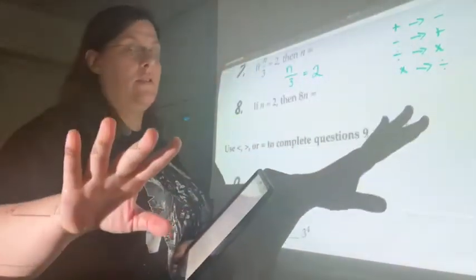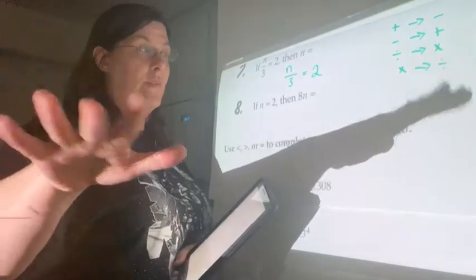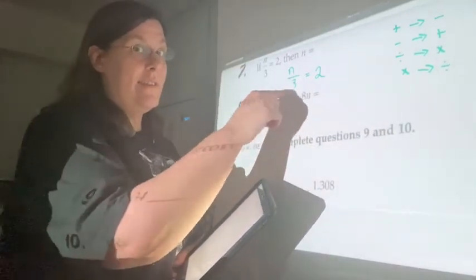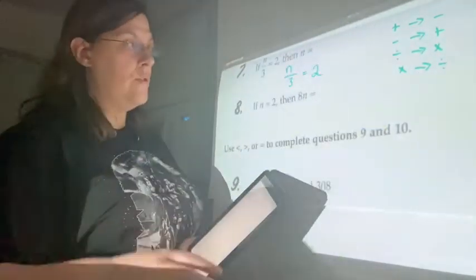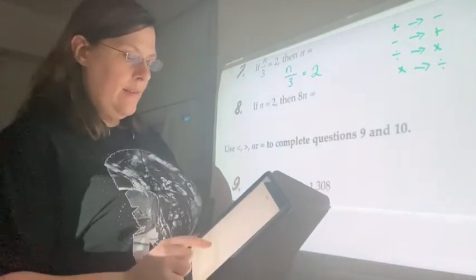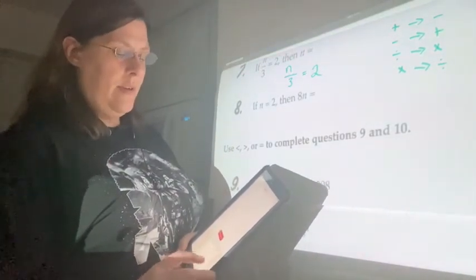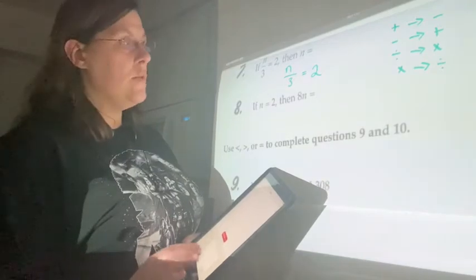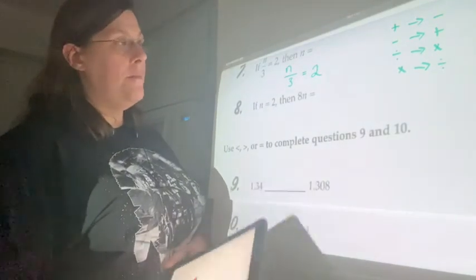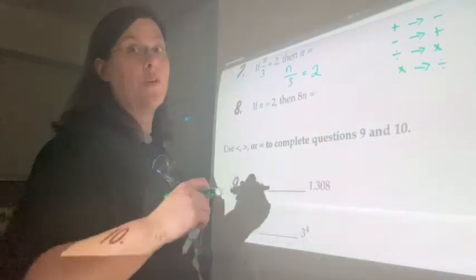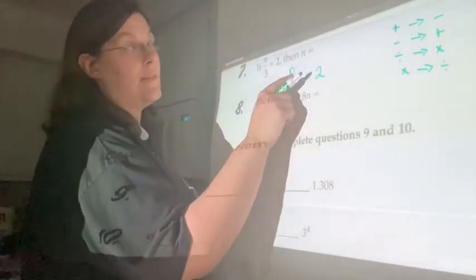In case your teacher, if you don't have me, never told you that before, this little line right here is just a division problem. Stop letting people confuse you. So we have n divided by 3 equals 2. Photo math tells me that this is going to be 6.